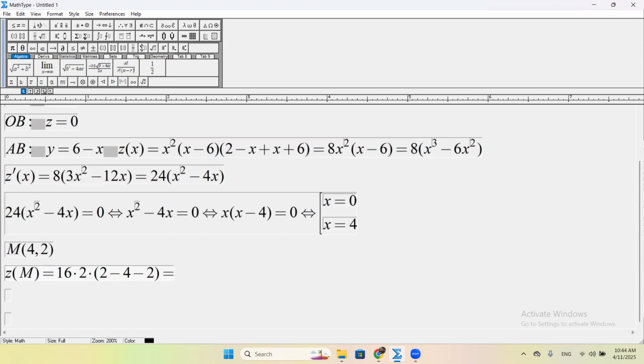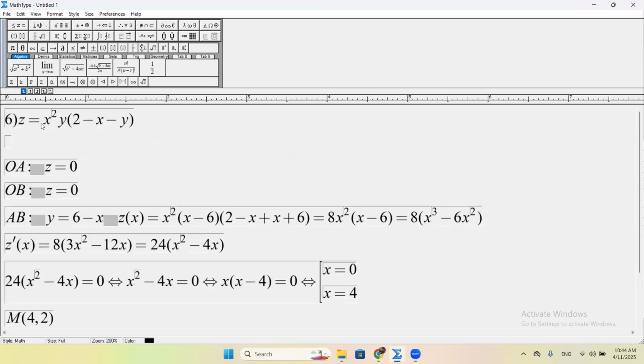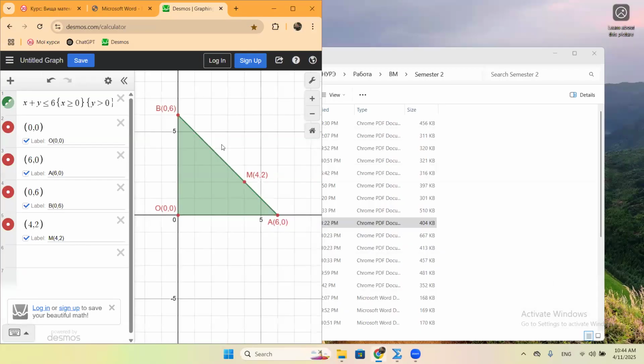So 32 multiplied by minus 4 will be equal to minus 128. So we found all the interesting values at the edges of the region.